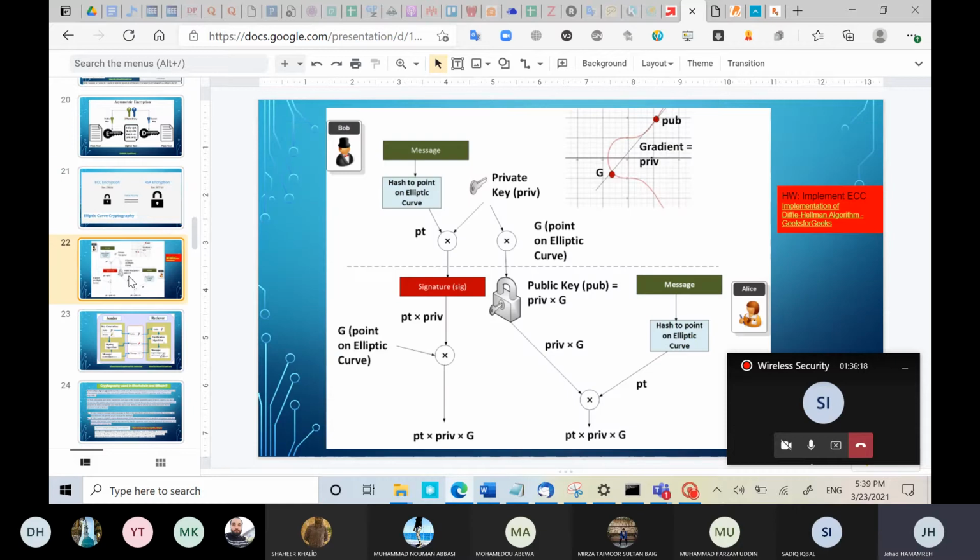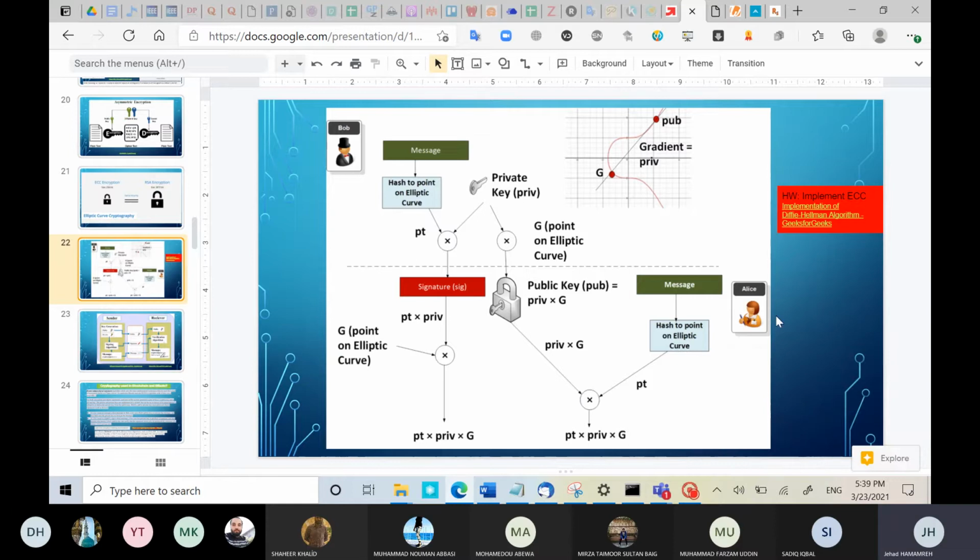The way that ECC is implemented is described in this figure, where you have your message. Bob wants to talk to Alice. You hash the message to a point on the elliptic curve, then you multiply it by the private key, and you get a signature.